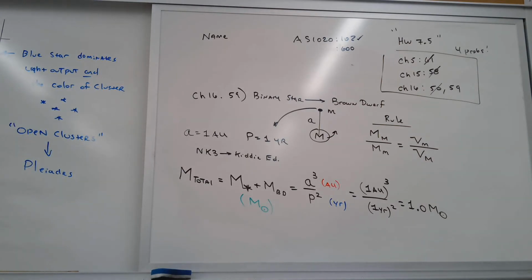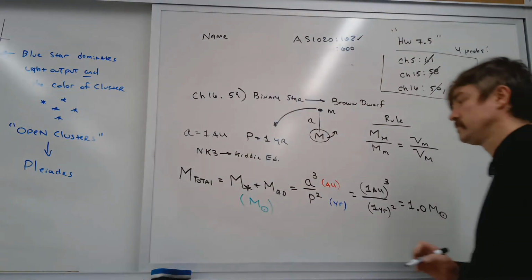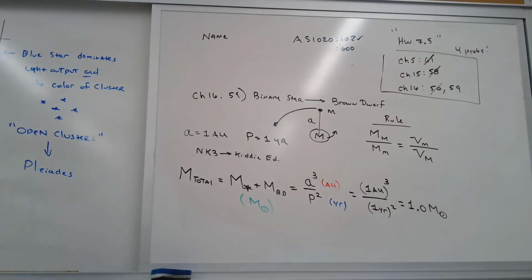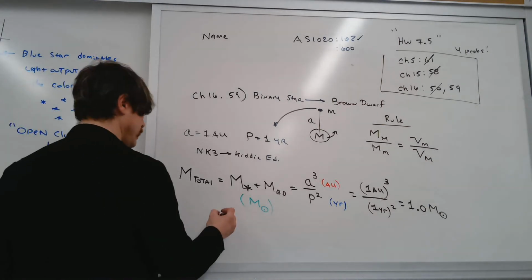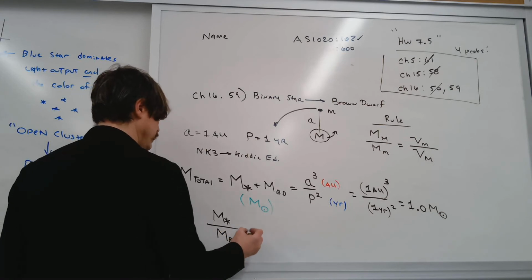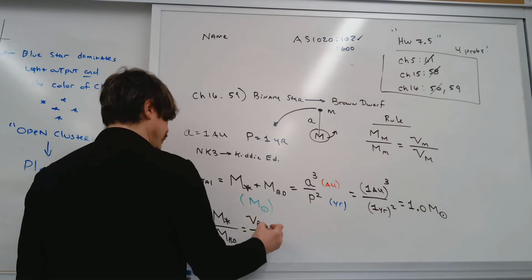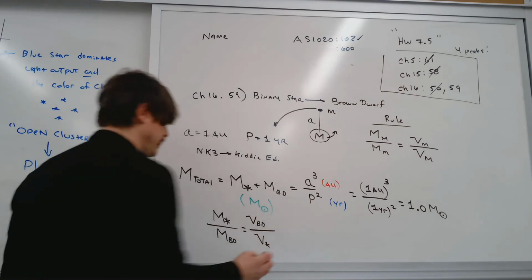But now we want to try to figure out the mass of the brown dwarf. What do we know? We know that the mass of the star divided by the mass of the brown dwarf should be equal to the velocity of the brown dwarf over the velocity of the star.